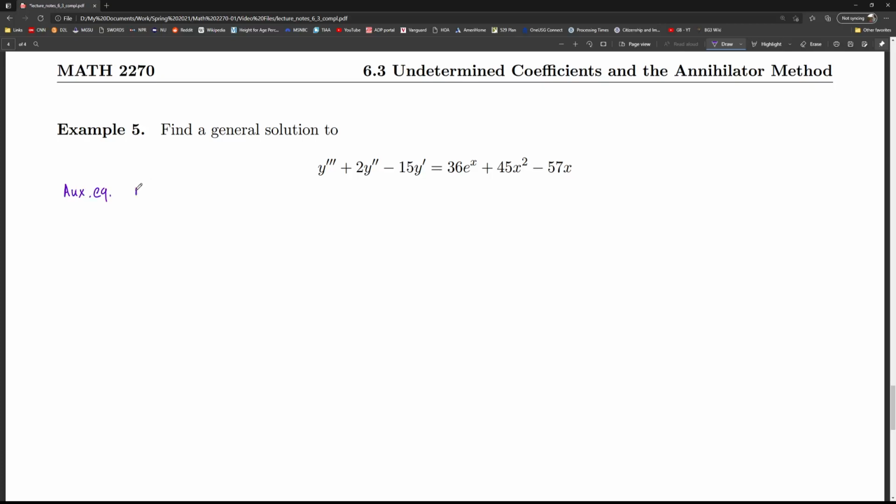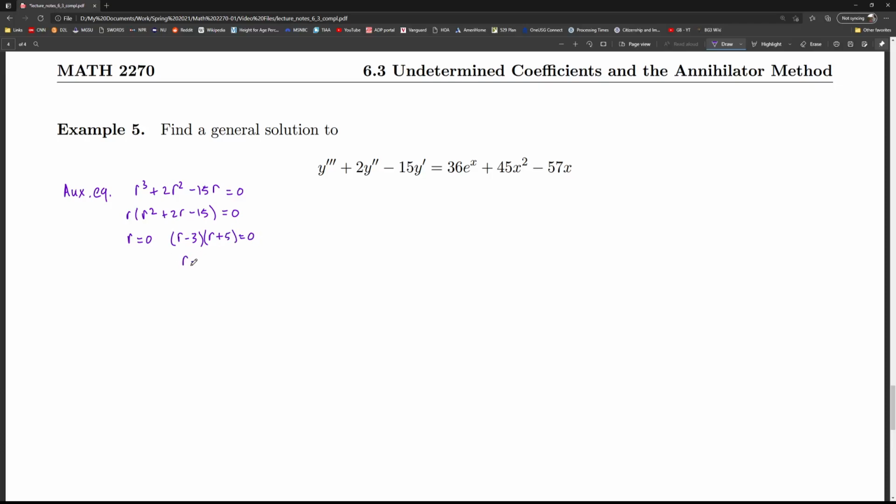And the auxiliary equation is r cubed plus 2r squared minus 15r equals 0. And we see that we can factor out an r and we get r squared plus 2r minus 15 equals 0. And so we have r equals 0, or r minus 3 times r plus 5 equals 0.